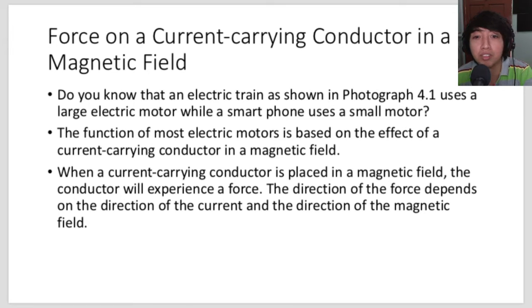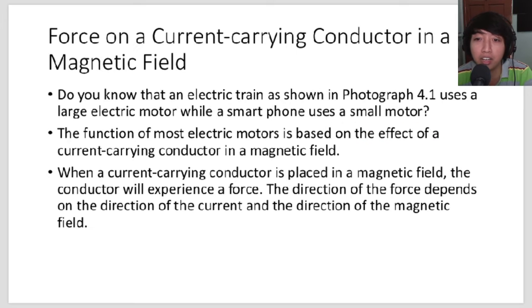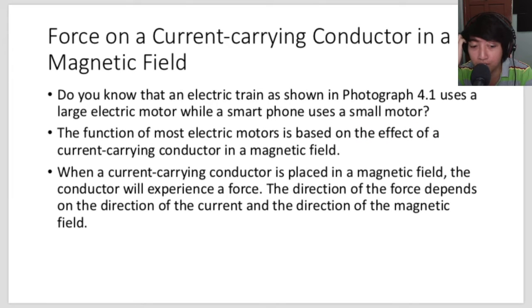Do you know that an electric train, as shown in photograph 4.1 — did I put the photograph? No, I didn't. I forgot to put the photograph from the textbook, but there is the photo in your textbook, on page 136. So on page 136, there is a picture of an electric train.